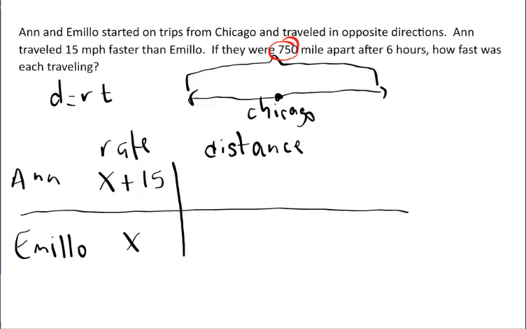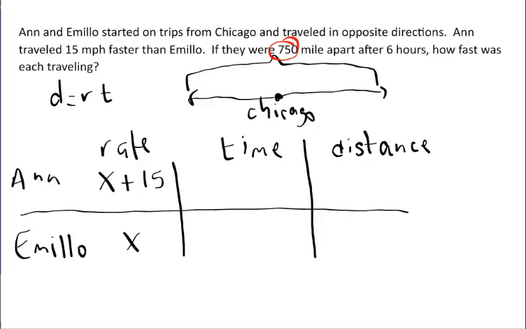So what's the distance going to be? Well, we don't know. Actually, let's follow the guidelines here. We want a time. Rate times time is distance. So the time we know is going to be 6 hours for both people. And so what would the distance be? The distance is going to be your rate times your time. So 6 times x plus 15.